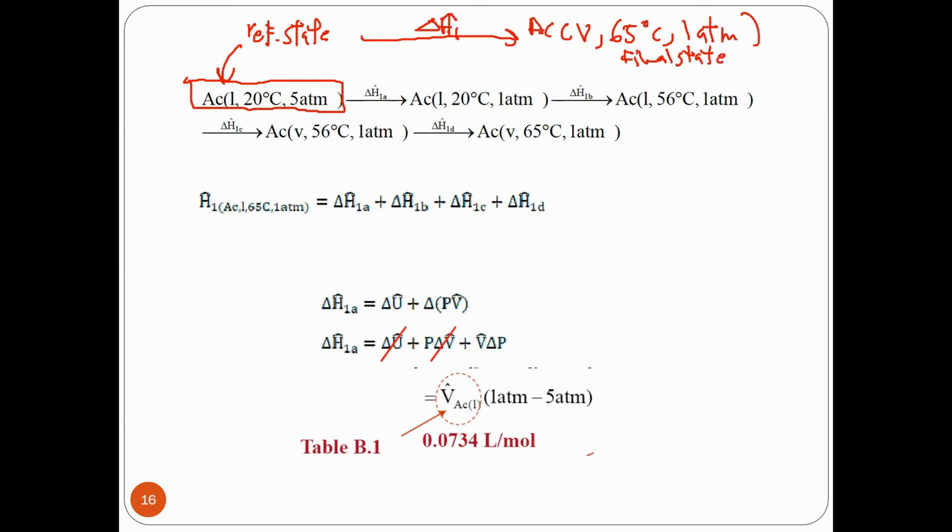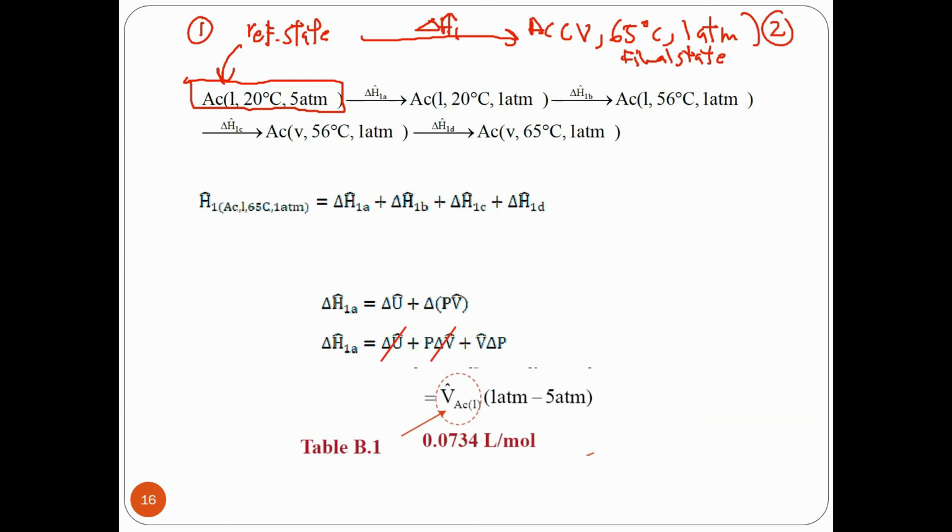Because we want to do a hypothetical process path, as there's a change in phase and also a change in temperature, and a change in pressure, many things happen at once. That's why we need a hypothetical process path to determine our total change of H1. So this is from point 1 until our final state at point 2.